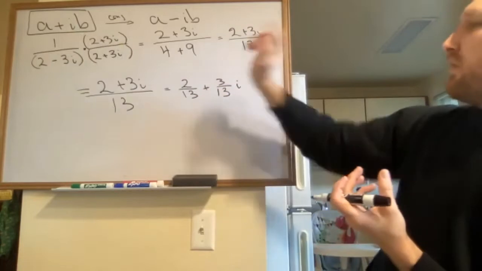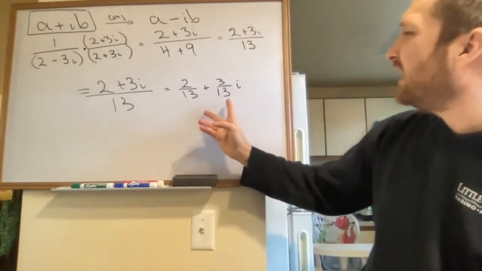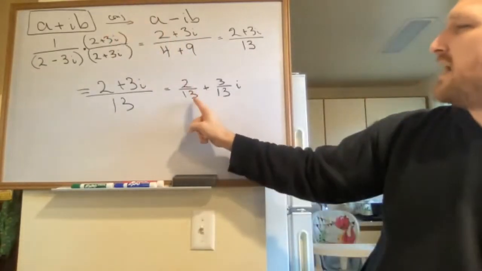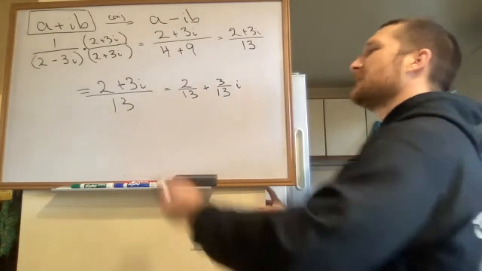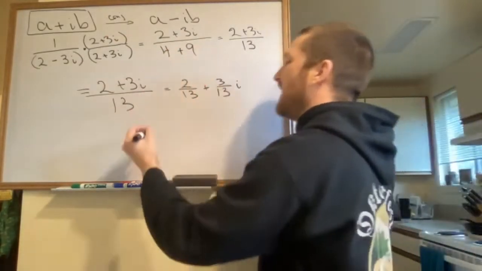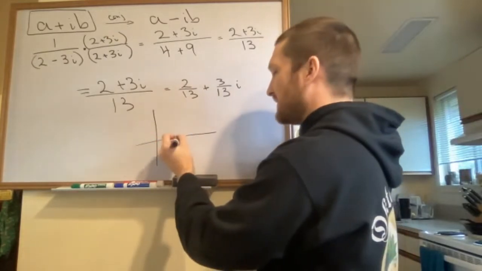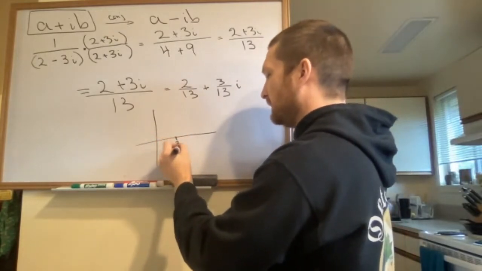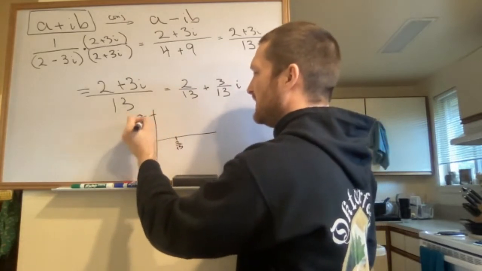If you were to write 3i over 13, you're absolutely right. It's just, when I look at this, this tells me that's my X point right there. That's my Y point right there. And so if I were to graph this guy, I'd say he's right here. I guess 2/13 is right here, and 3/13 is right here.